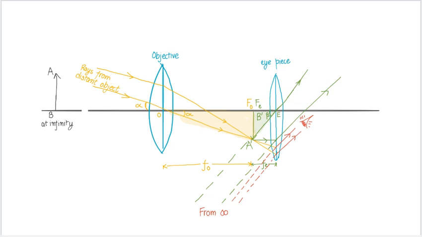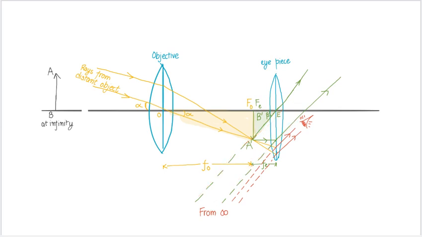Why is it so? Because if the object is placed at the focal length, the final image will be formed at infinity. So let us place our eyepiece. Now the object A'B' is placed at the focus of the eyepiece, and this object A'B' forms the image at infinity.